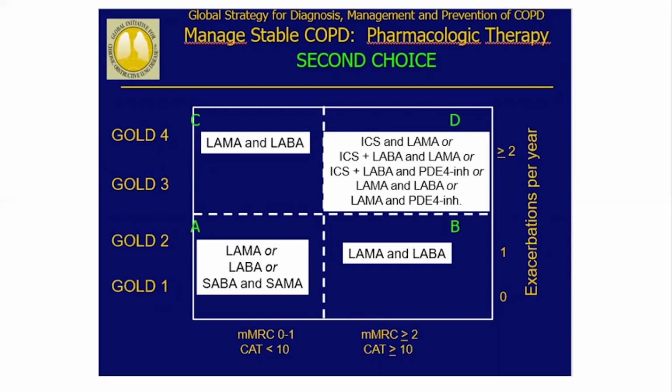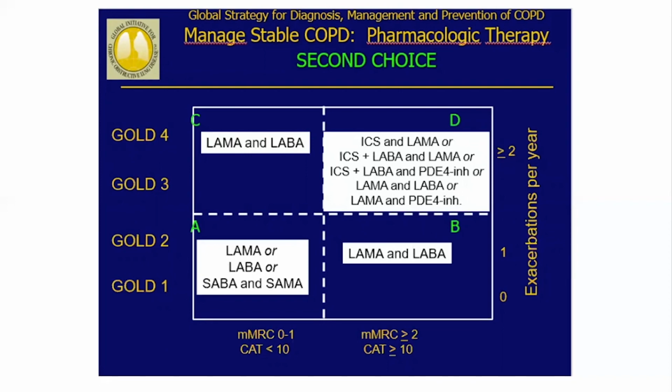When you say short-acting bronchodilator, these are your salbutamol. The inhaled corticosteroids combination with long-acting bronchodilator are those with salmeterol and fluticasone, and the LAMA or the long-acting muscarinic cholinergic agents will be tiotropium.